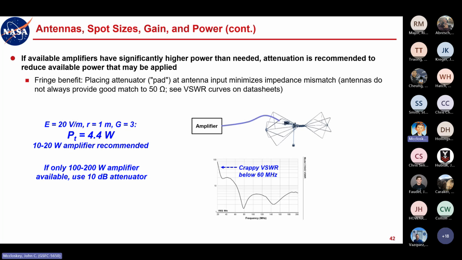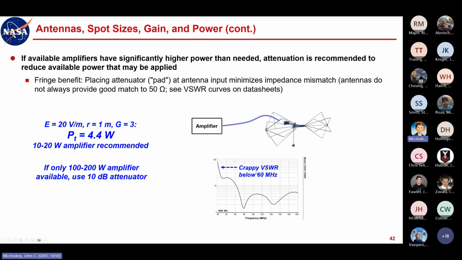So if you are going to use this biconical antenna, if you're kind of forced into it because you've got a transmitter operating below, in that 30 to 200 megahertz range, the VISWR of the biconical antenna is really poor below 60 megahertz. I put crappy on the chart.